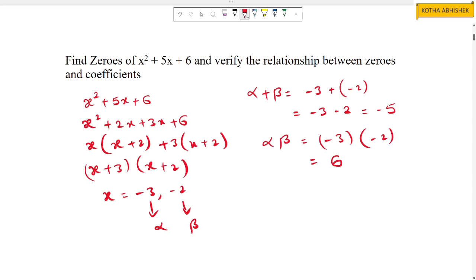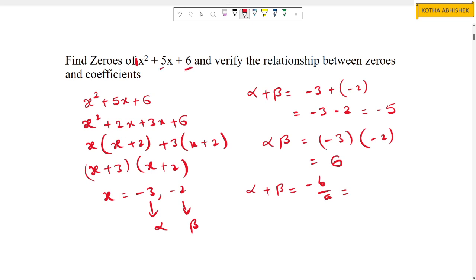Now here we did sum and product of the zeros without formula, right? Now let's do it with the formula. Alpha plus beta formula is minus b by a. Here if we observe the given polynomial clearly, before x square there is nothing, it means 1 is there. So x square coefficient is 1, and before x we have 5, so x coefficient is 5, and constant is 6.